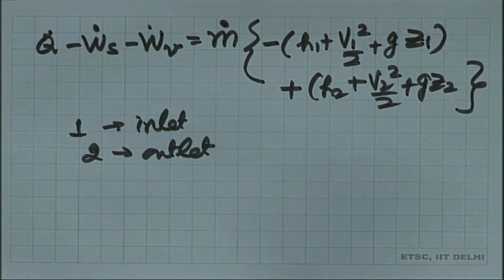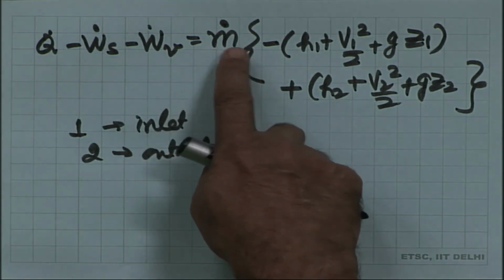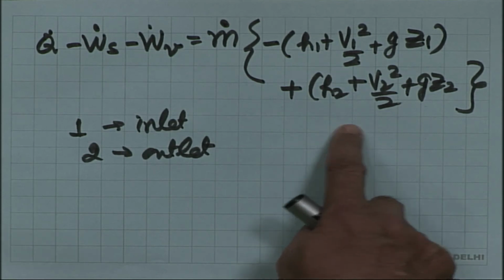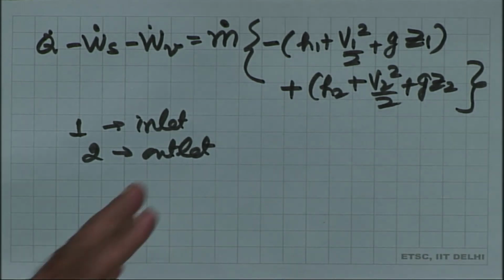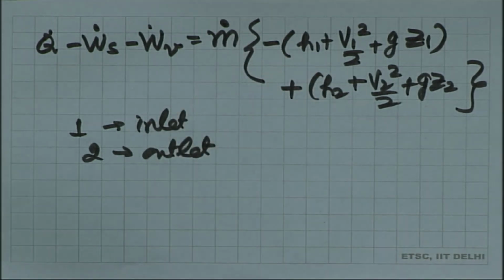Of course, this is one inlet, one outlet. If there are multiple inlets and outlets, then you will have m1 dot multiplied by this, m2 dot multiplied by this, plus m3 dot plus m4 dot, etc. And if flow is coming in, a negative sign will come. If flow is leaving, a positive sign will come.